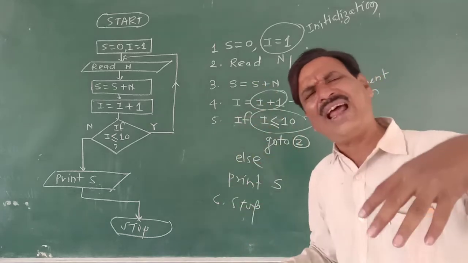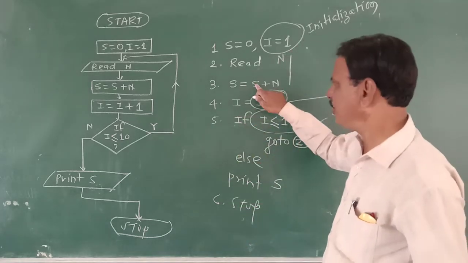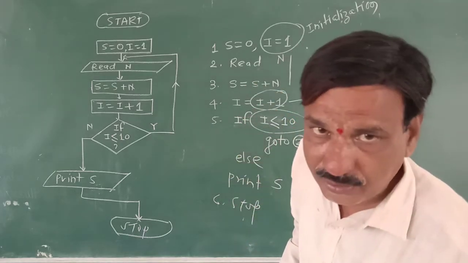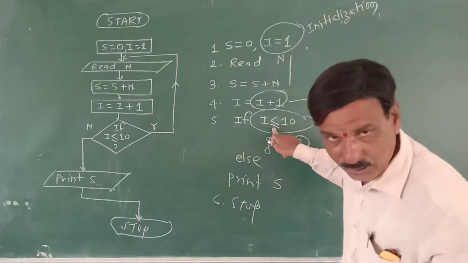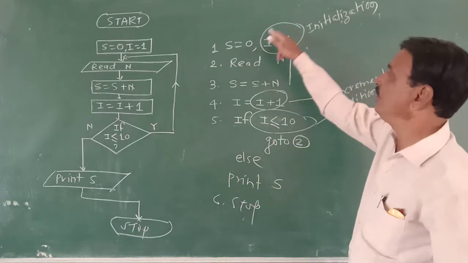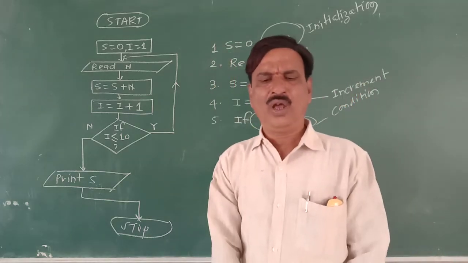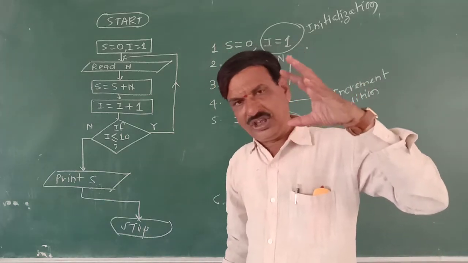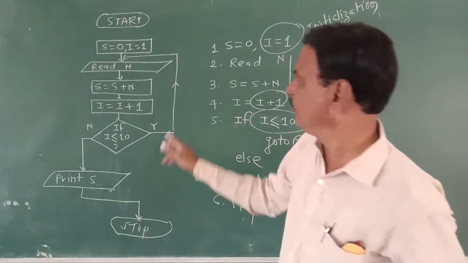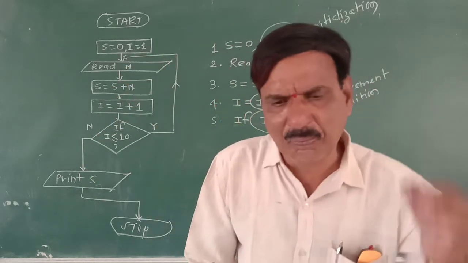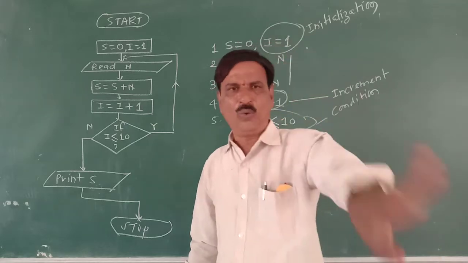Once the read n and add n is finished, we increment the value of I by 1. We verify whether I becomes smaller than or equal to 10, and we send the control back to 2. So, the loop is established, no doubt. Loop is established for perfectly 10 times, no doubt.